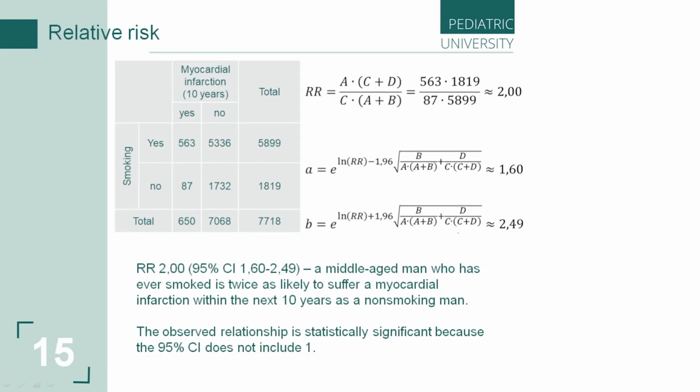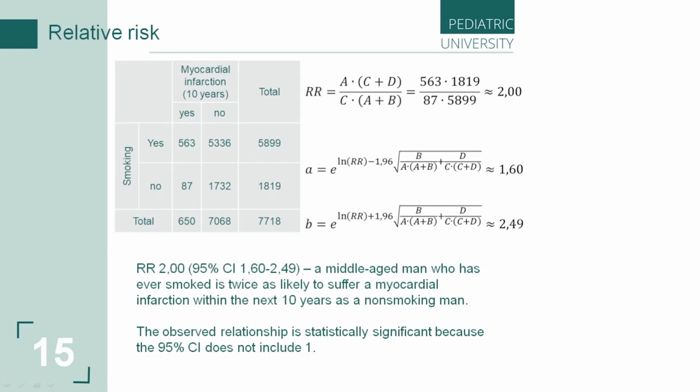We write down the results. The relative risk is 2, with the 95% confidence interval and limits. Lower limits and upper limits.